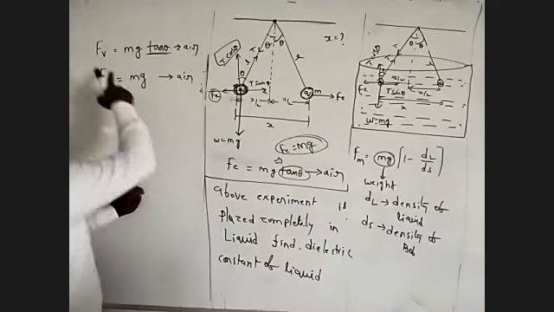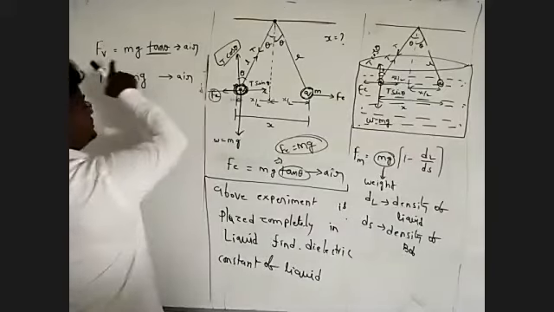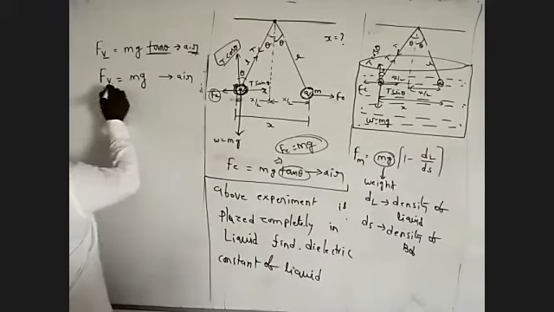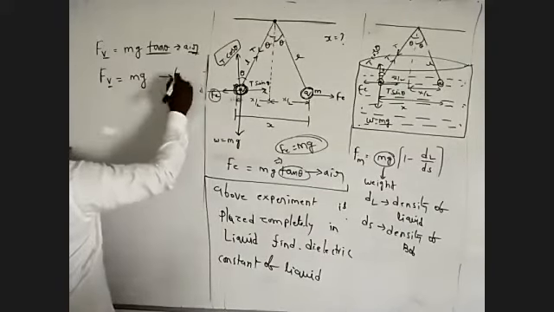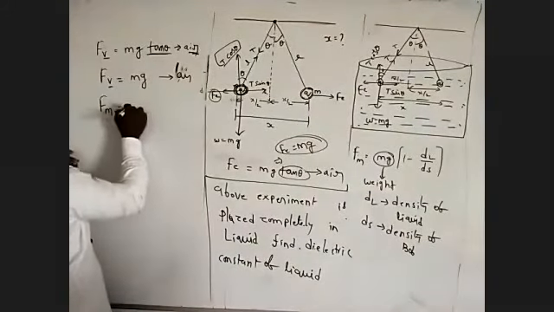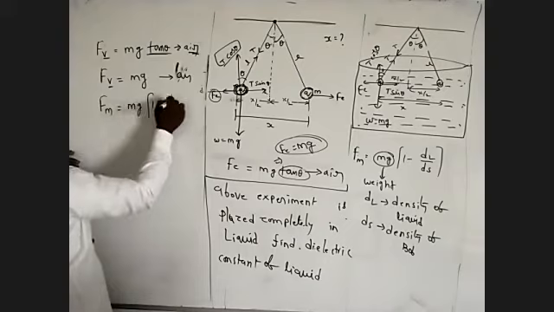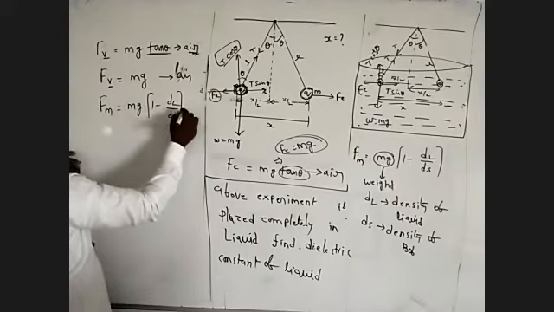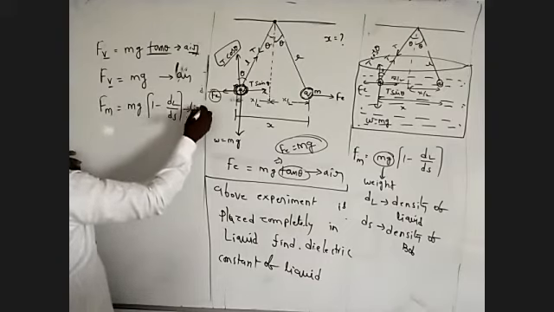Fm is equal to mg into 1 minus dl by ds in the liquid.